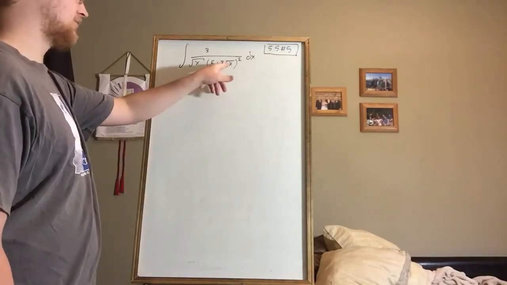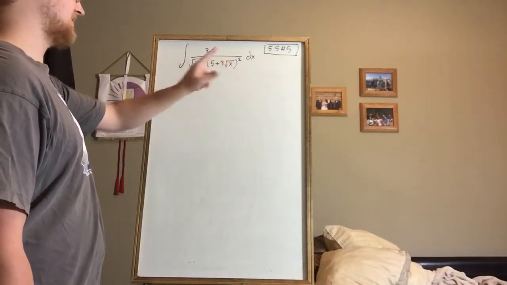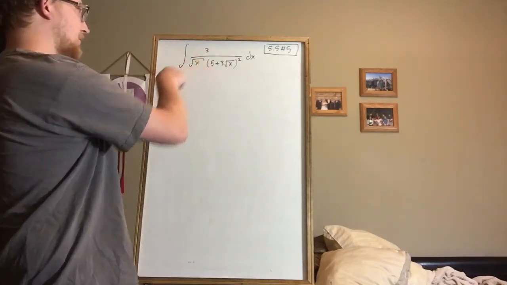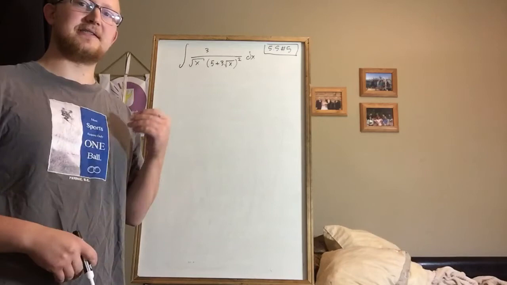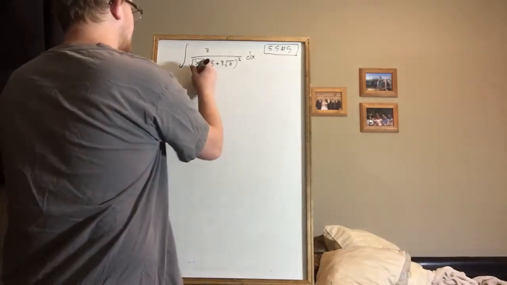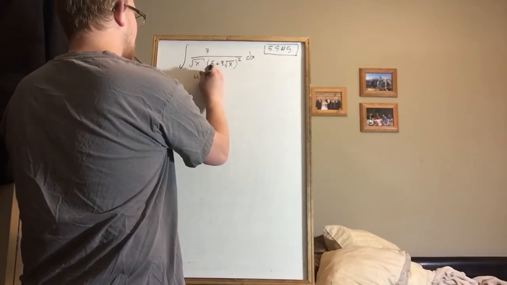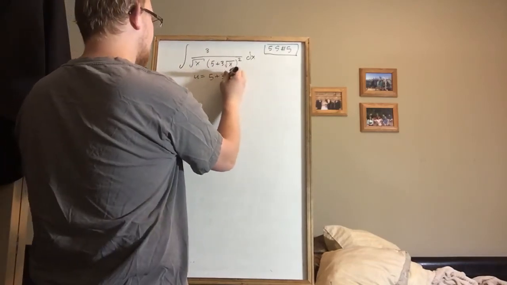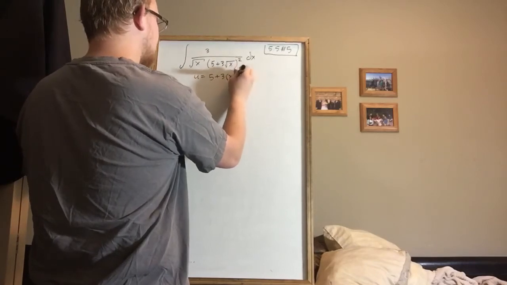You'll notice here that this square root of x is in the denominator, so that is x to the minus 1 half. Because of that, I'm going to pick for my u the term inside here, 5 plus 3 x to the 1 half.